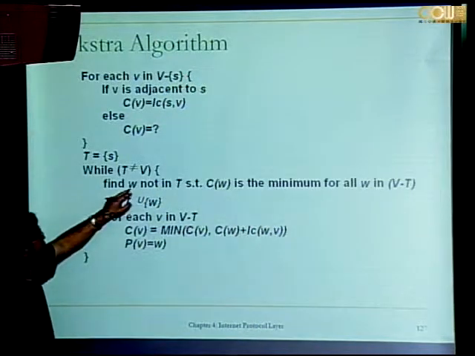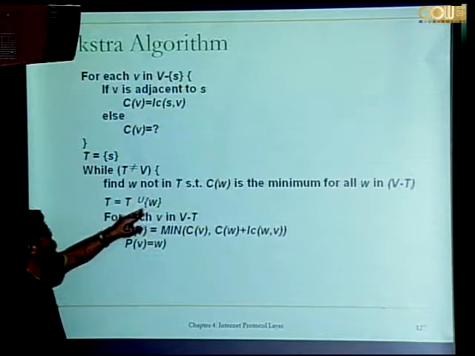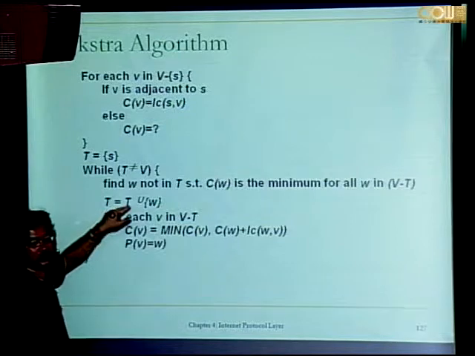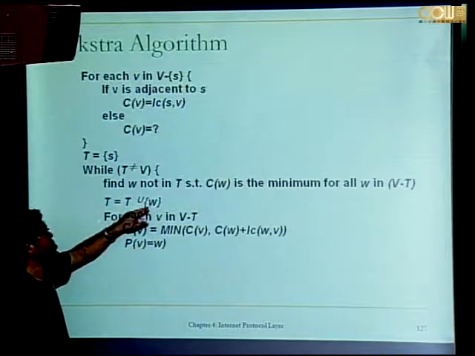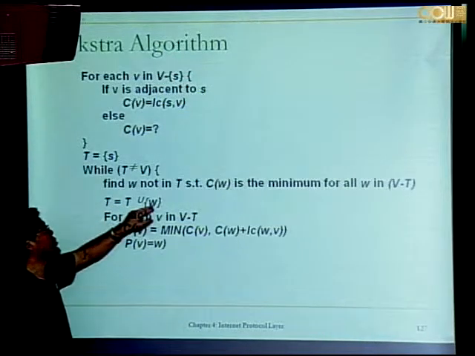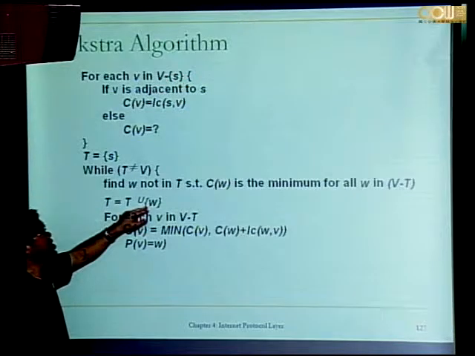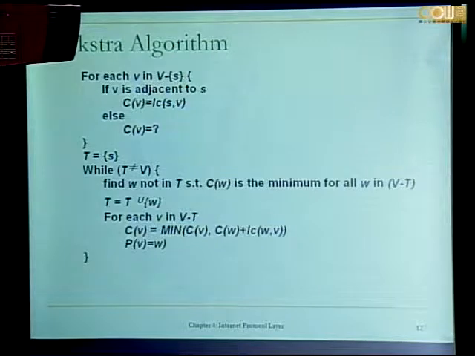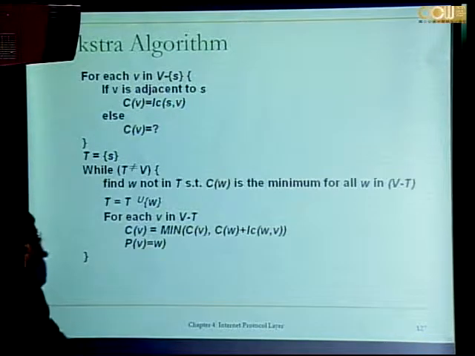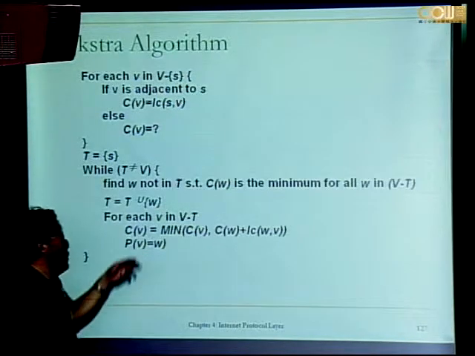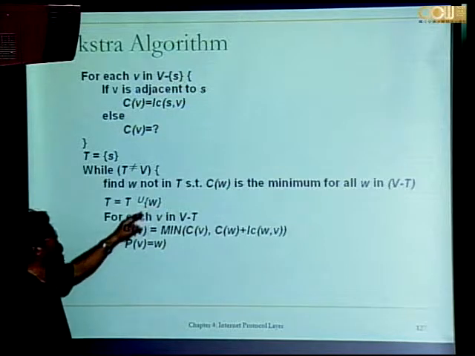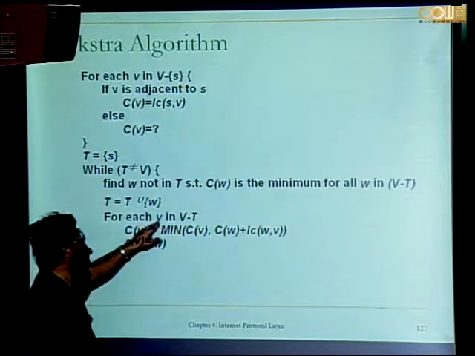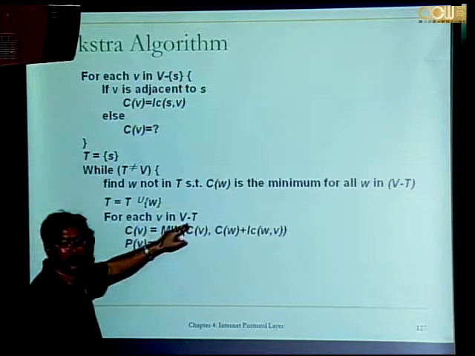I will find that particular node, and then I put it into the marked set, I mean into T. So I mark W. W is the one with the smallest label but not yet marked. After I mark W, I try to relabel each node which is not yet marked.